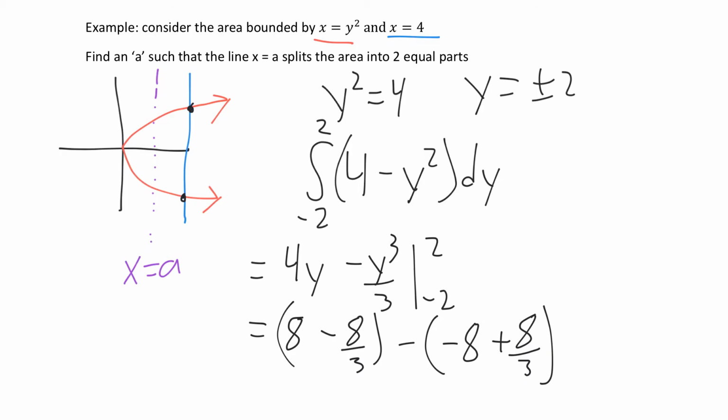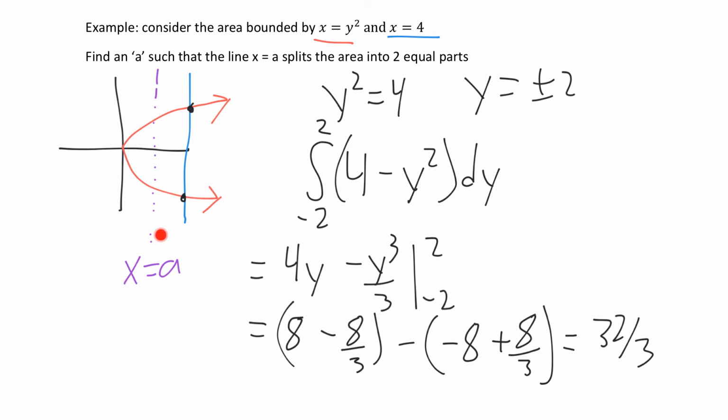And working all of that out, we should get 32 over 3. So what that means is, looking back at our shape here, the area between that blue line and the red parabola, that total area there is 32 over 3.